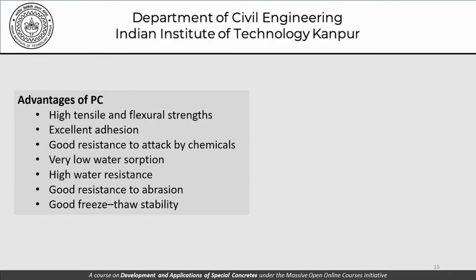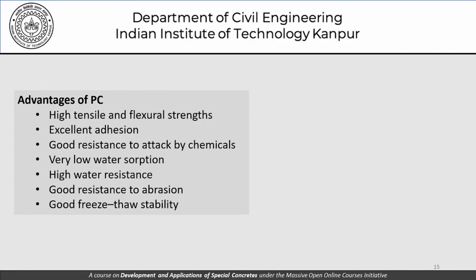As far as the advantages of using polymer concrete are concerned, it has high tensile and flexural strengths, excellent adhesion, good resistance to attack by chemicals, very low water absorption, high water resistance, good resistance to abrasion, good freeze-thaw stability.